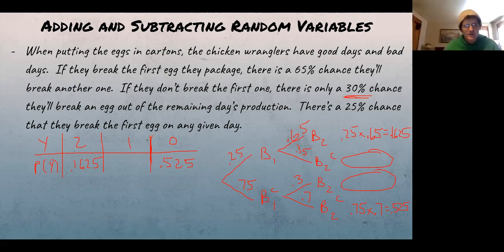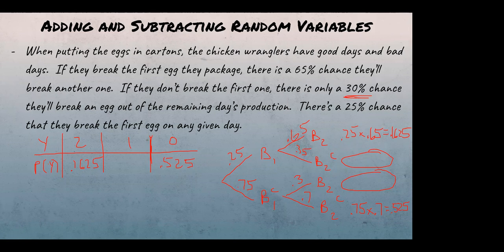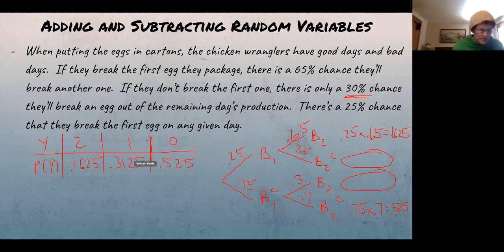Let's add those two up, and whatever remains out of one has to represent the probability of breaking one egg. So you guys can tell me what that is. 0.3125. There it is.